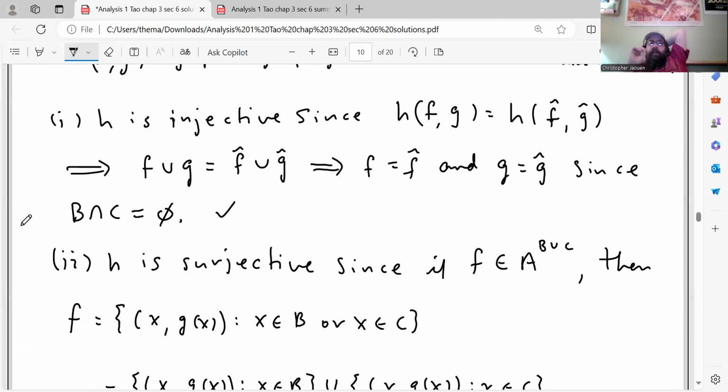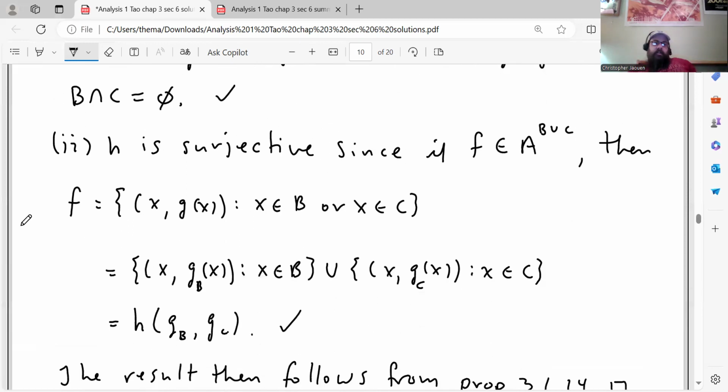If they're not, then you can't conclude that, but if they are, then you can. So that shows that H is injective.